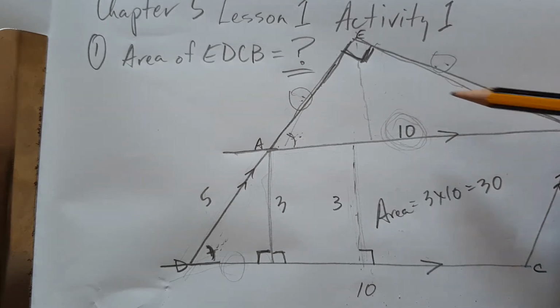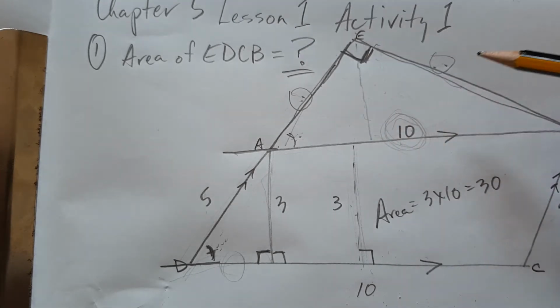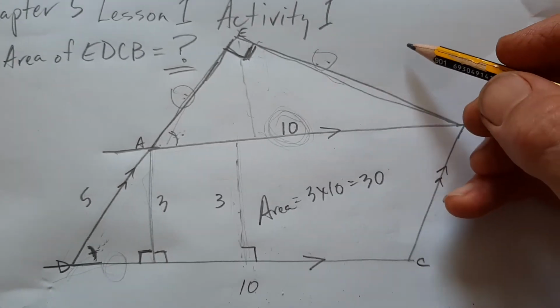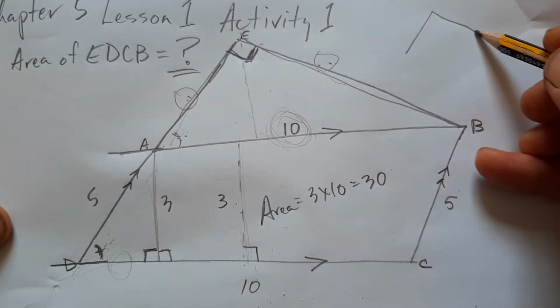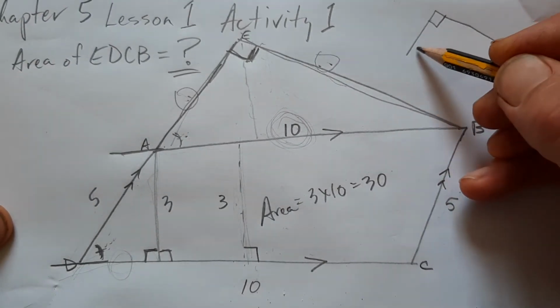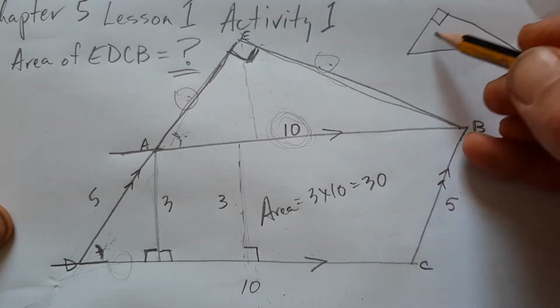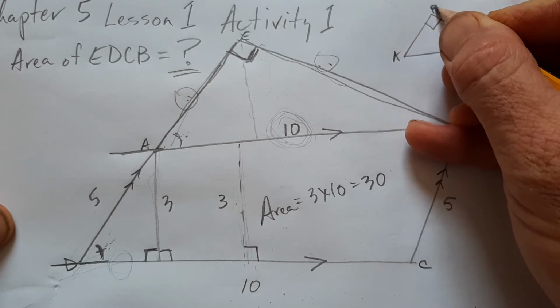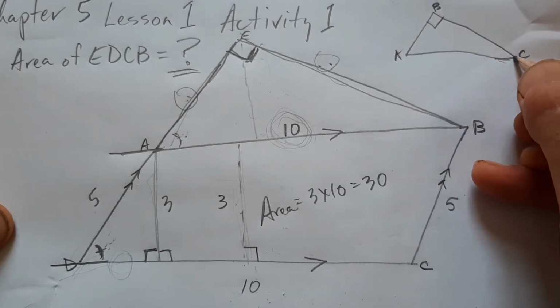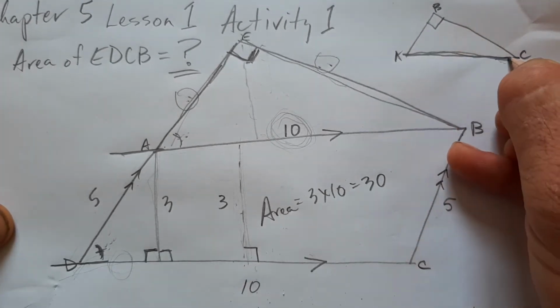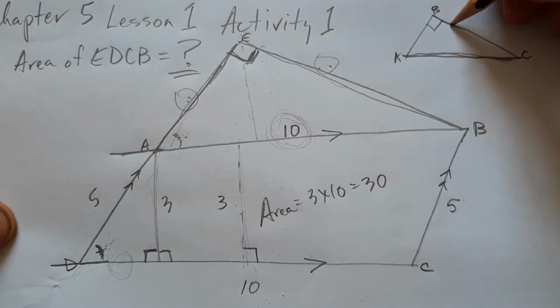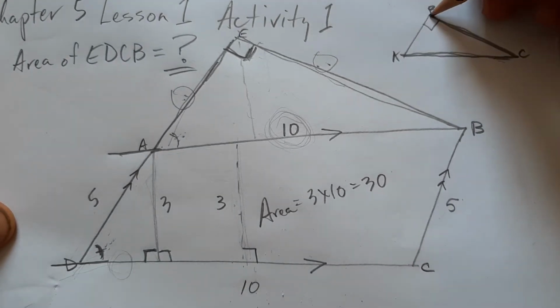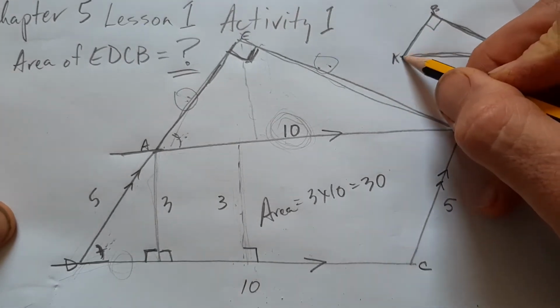I have a right triangle, so let me draw this over here. If I spin it around, this is triangle ABC. Kenda, I don't know if your brain likes moving these shapes around.